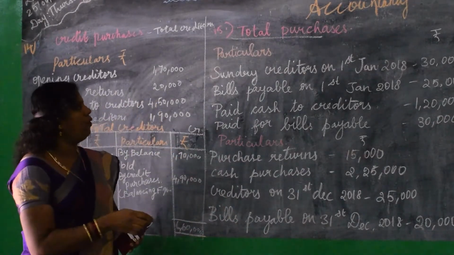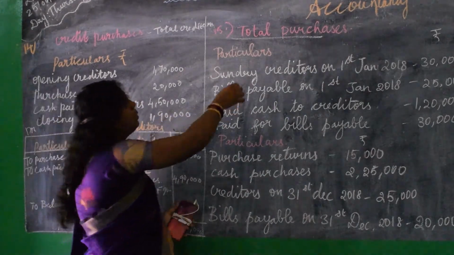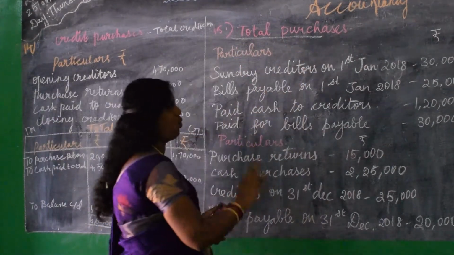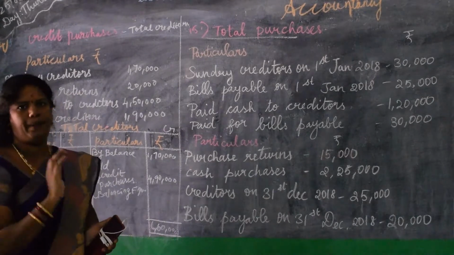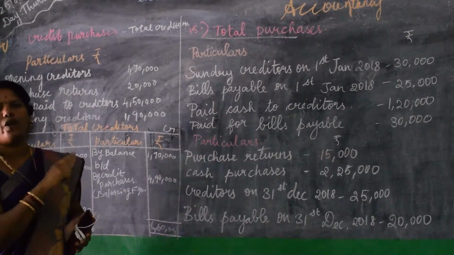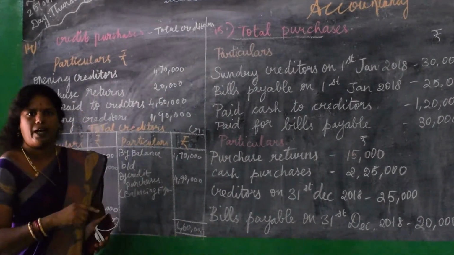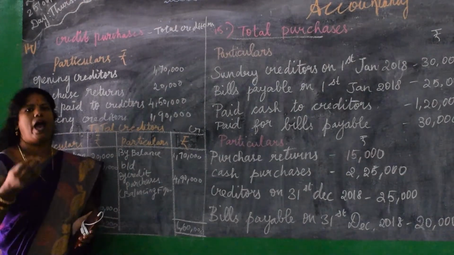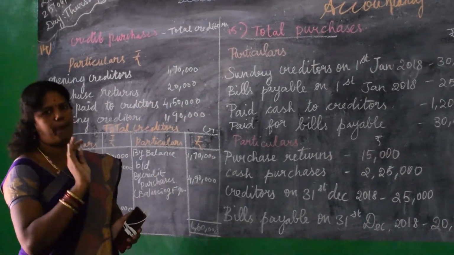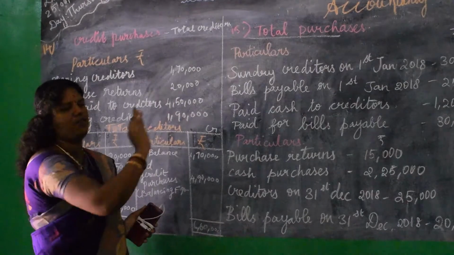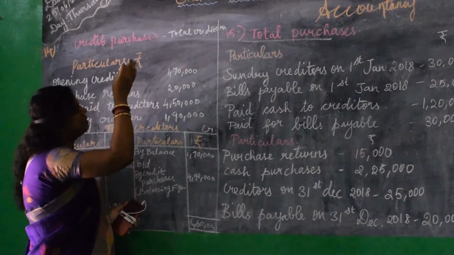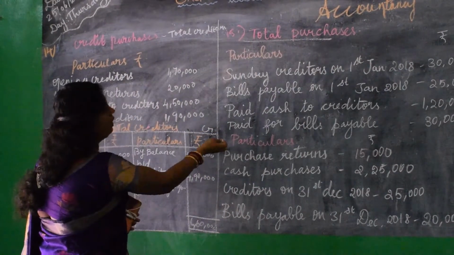So when this question is asked on the basis of total purchases, first you have to prepare the bills payable. In the last classes also I discussed the total debtors. When the total debtors and the bills receivable are mixed up, first you give preference to preparing the bills receivable. Likewise, the procedure is the same here.